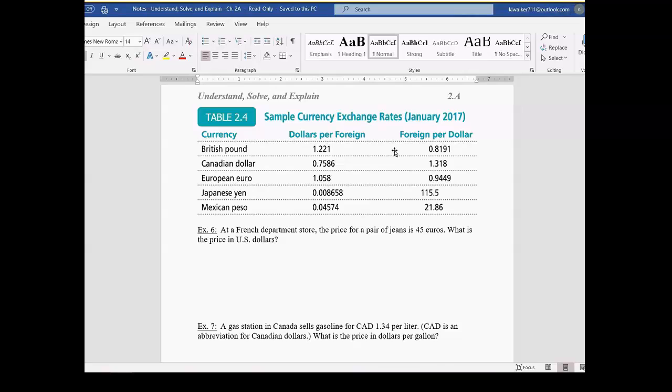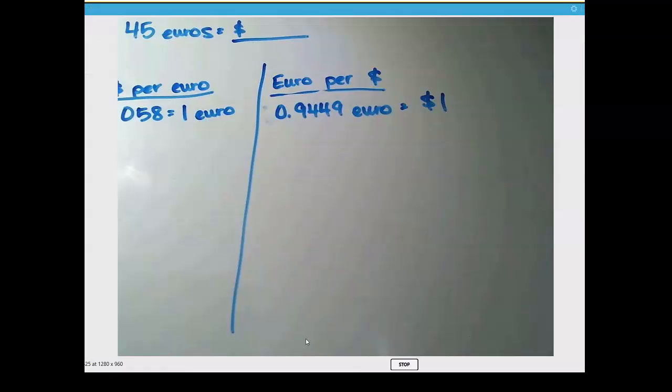And according to this, it is 0.9449 euros, which is the same thing as $1 now. Per dollar means per 1. So here's what I need.